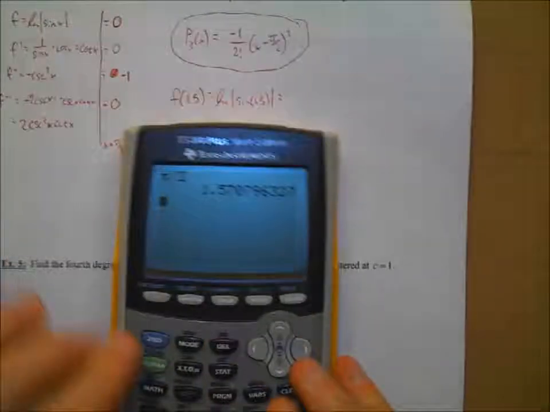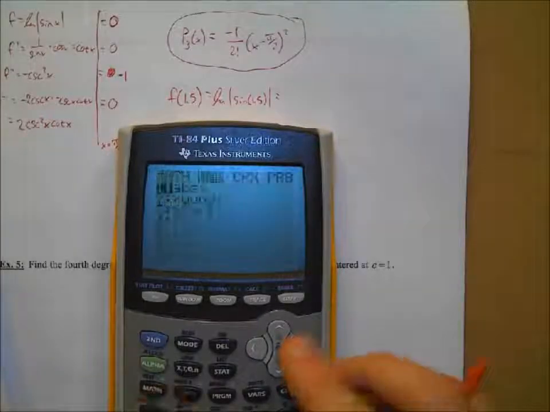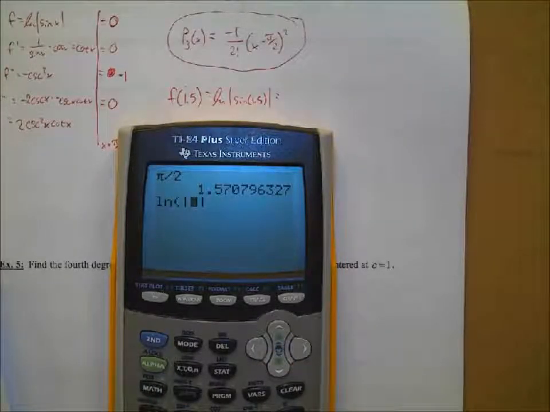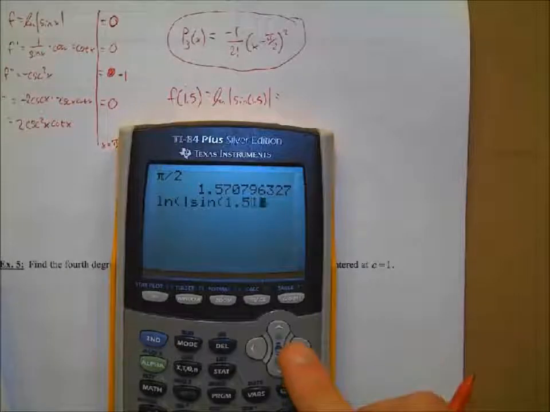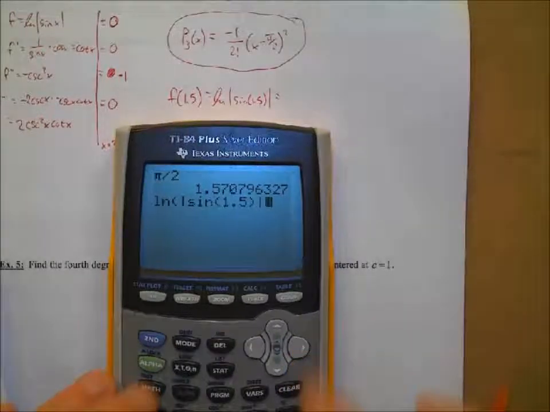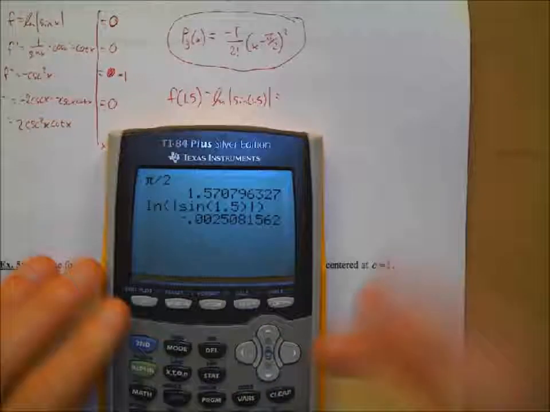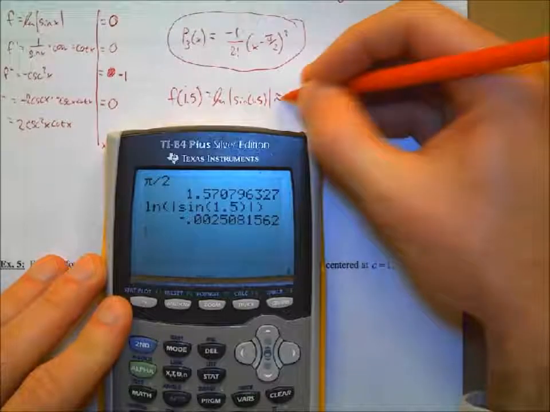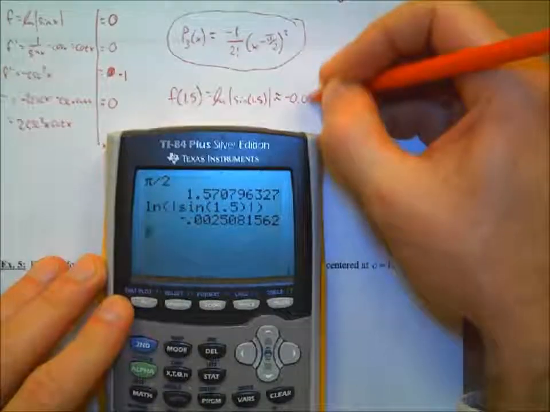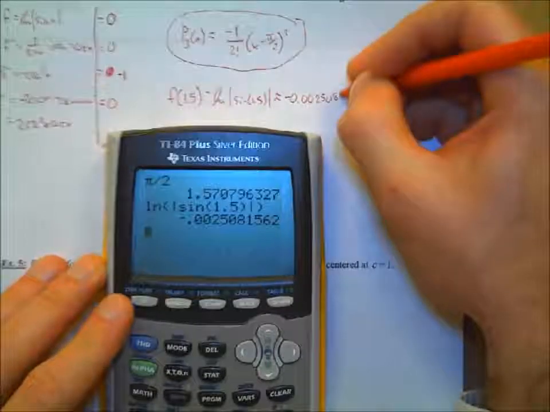So the natural log of the absolute value of sine of 1.5 is approximately, I'm going to write the whole decimal out, negative 0.0025081562.